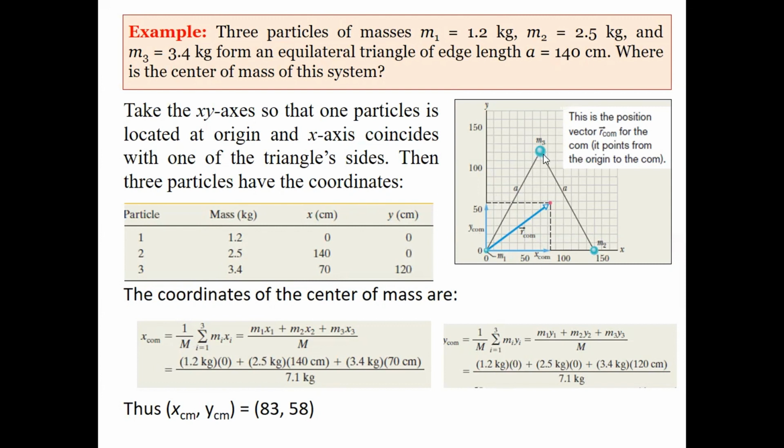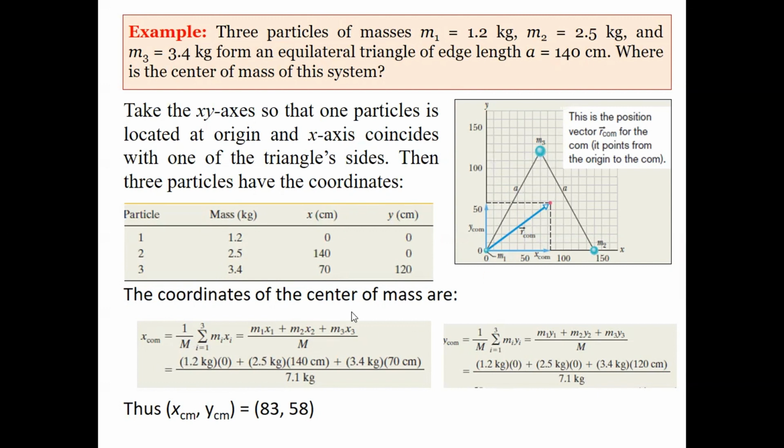The third mass is located, from this we can find out, at 70 along the x-axis. So this is 50, then 60, and then 70 is the position on the x-axis. Similarly, on the y-axis, it is at 120. This is 100, 110, and 120 is the position.